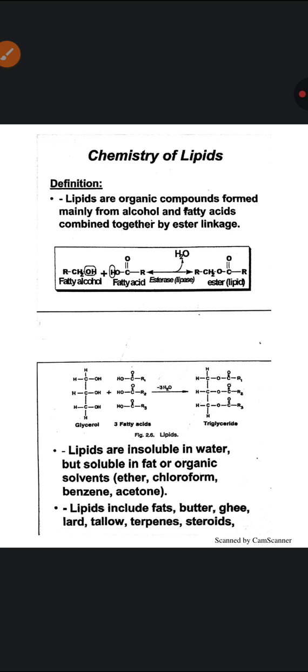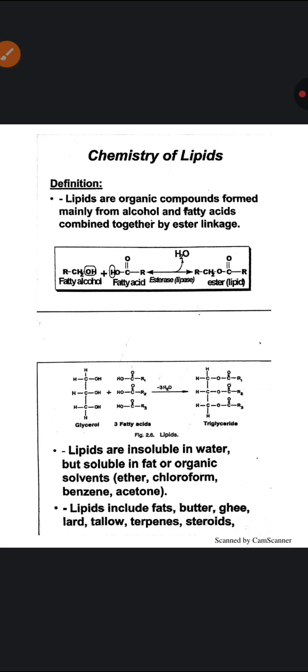So we say lipids may be regarded as organic substances that are relatively insoluble in water but soluble in organic solvents. What are organic solvents? Example: alcohol, ether, benzene. So lipids are insoluble in water, but they are soluble in organic solvents.